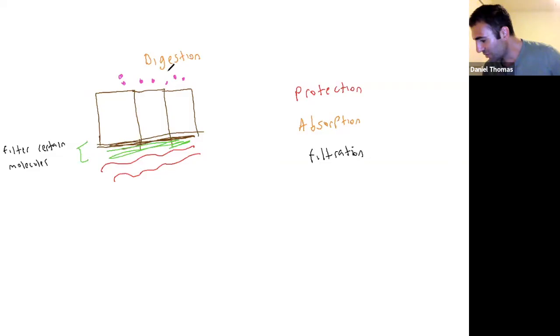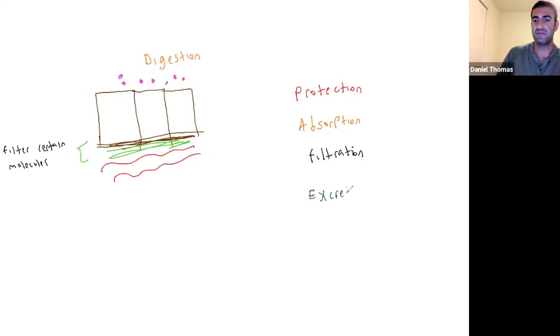Next is going to be a process called excretion. And this has to do with the renal system. So what's interesting about the epithelium is that they line the outside of certain organs and the inside.